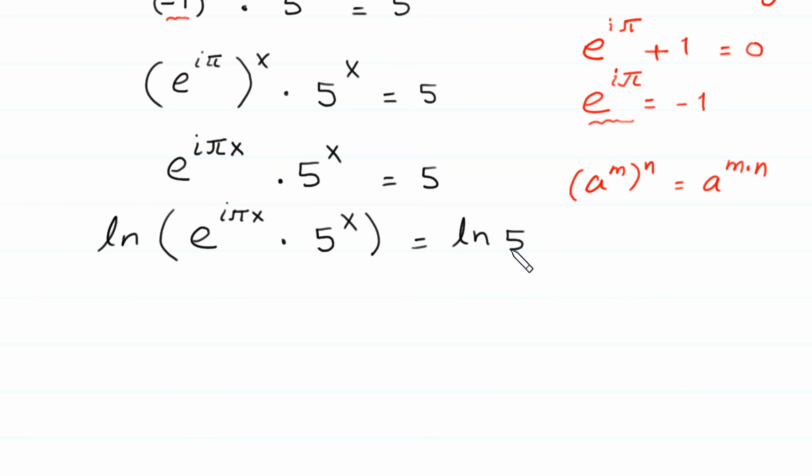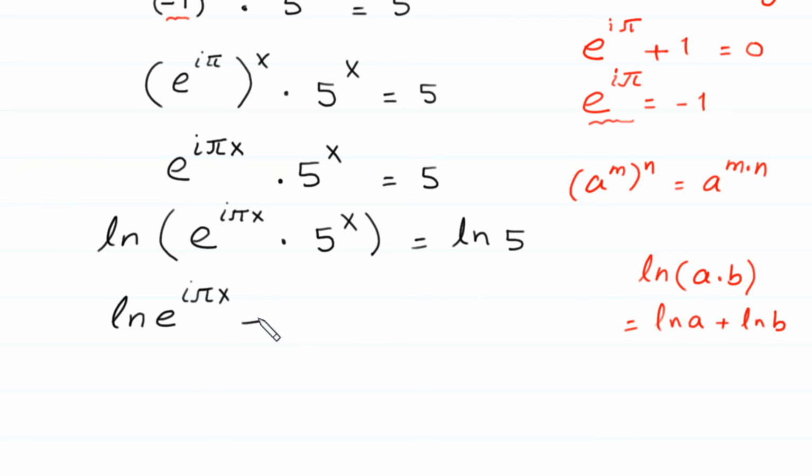ln of 5. Now, according to natural log property, ln of a times b is equal to ln of a plus ln of b. We can write this ln of e to the power i pi times x times 5 to the power x as ln of e to the power i times pi times x plus ln of 5 to the power x is equal to ln of 5.